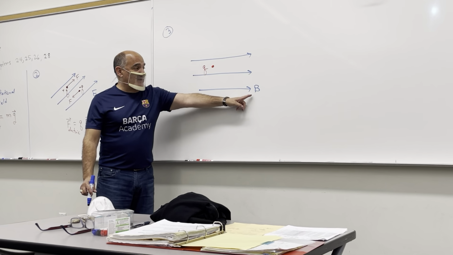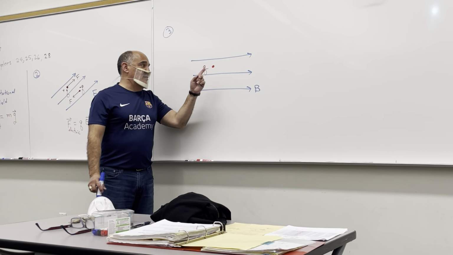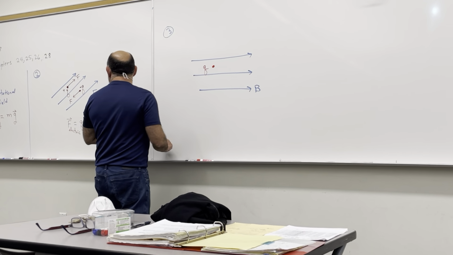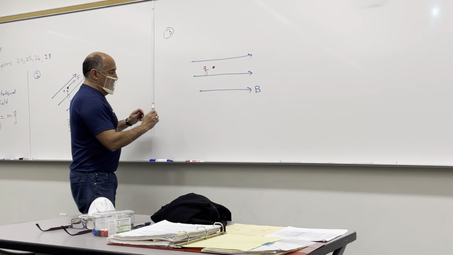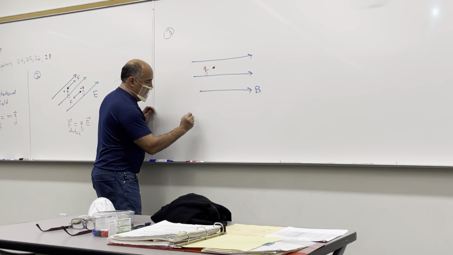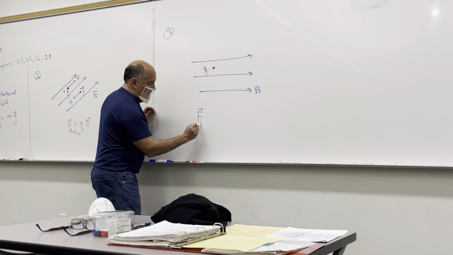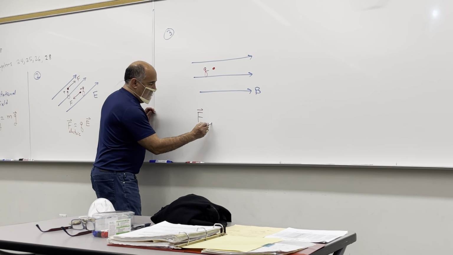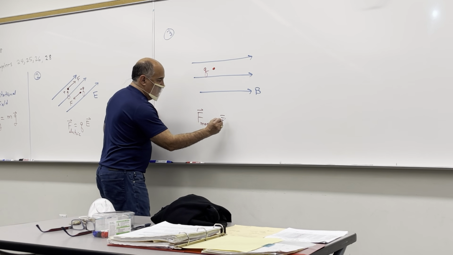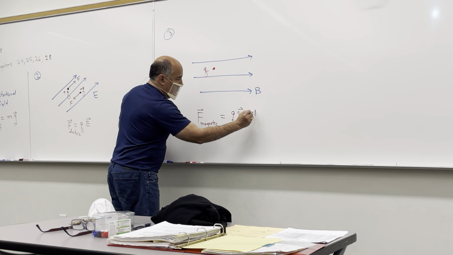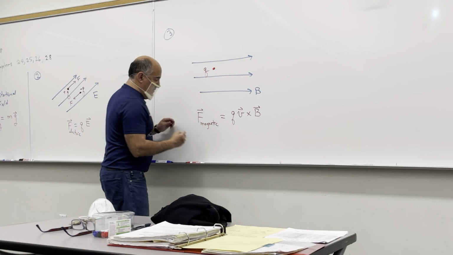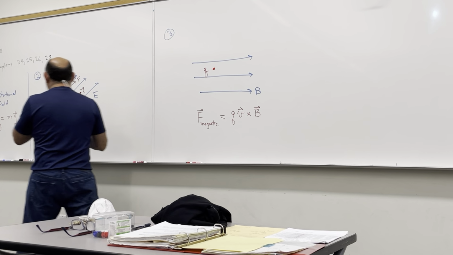And the force that the magnetic field exerts on this charge will be given by this expression. F magnetic equals Q V cross B.